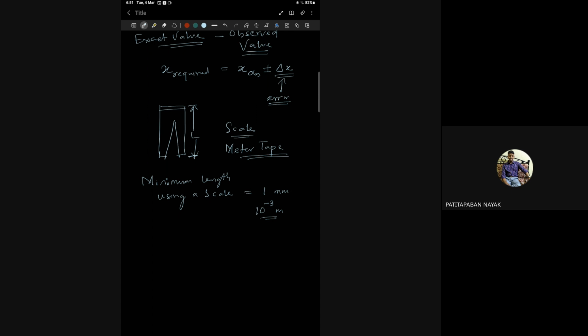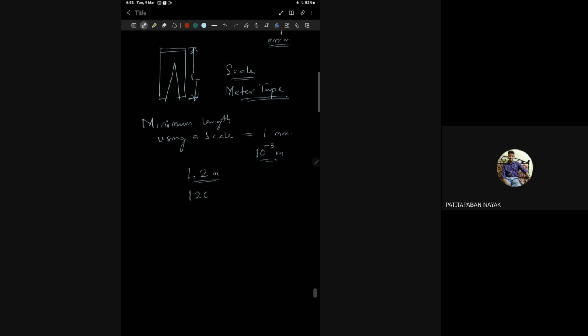So if I got something like, let's say, 1.2 meter, if I try to express it in centimeter, it would be 120 centimeter, right? Millimeter, 1200 millimeter, right? Or if I try to write this in terms of meter, it will be 1.200, right?